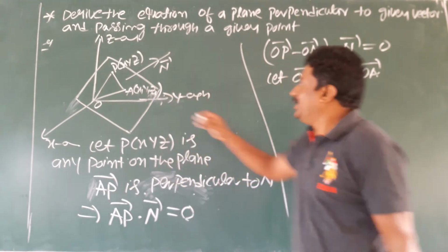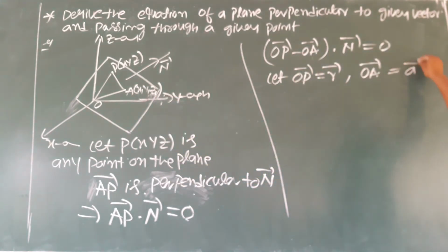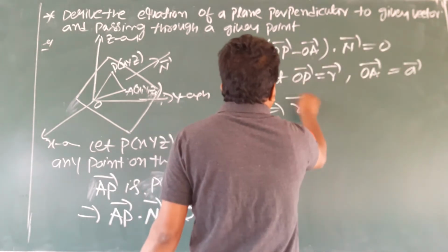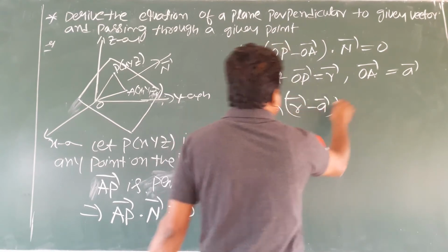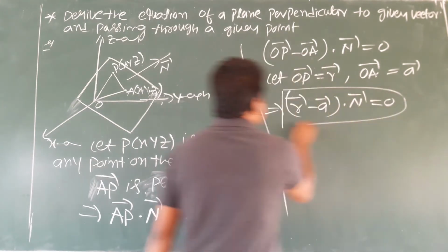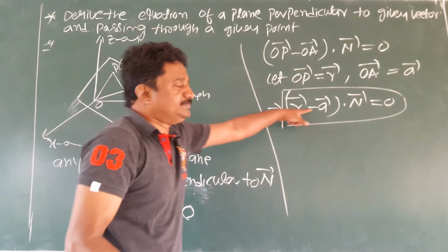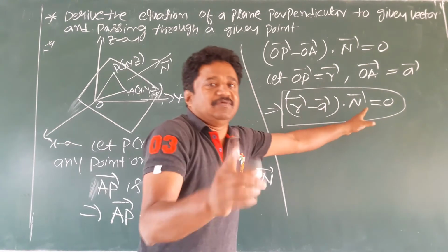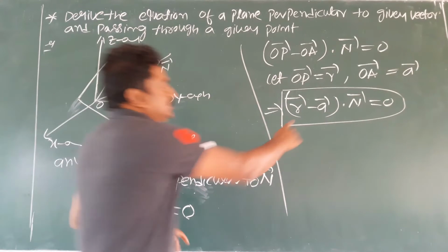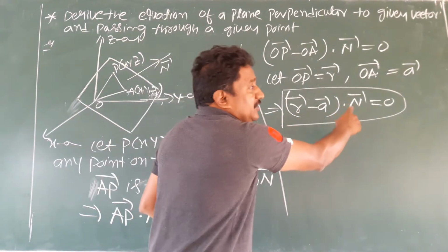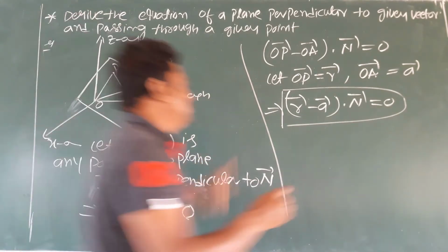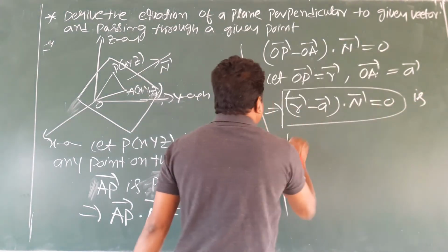We represent point A as vector A. Now you substitute, that implies (R minus A) dot N is equal to 0. This equation represents the equation of the plane in vector form. It is the vector equation of the plane.